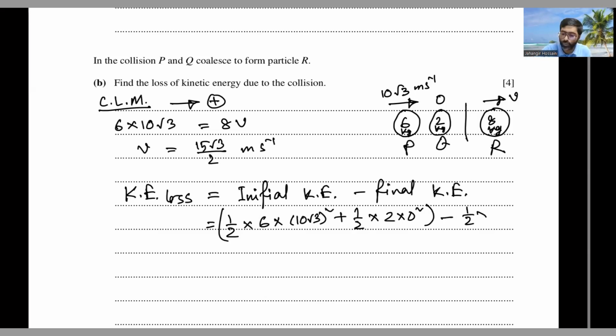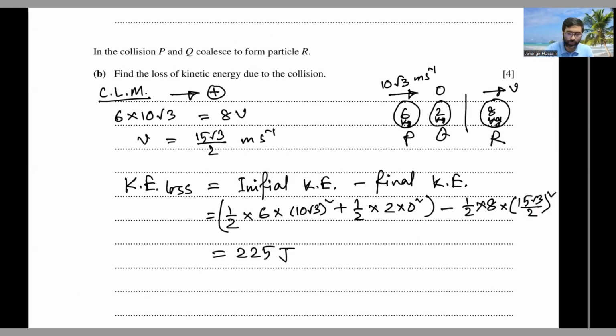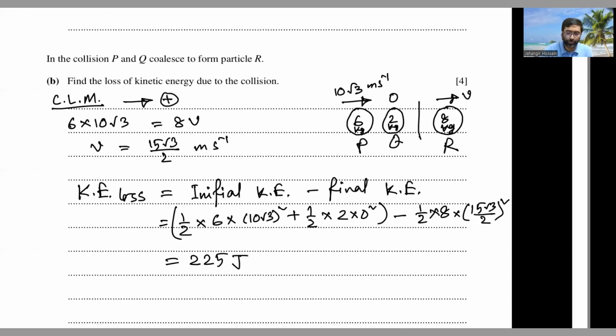Finally, they combine to form a single particle, so the kinetic energy is half into 8 into V squared, where V is 15 root 3 by 2. So that will give you the loss in kinetic energy, which is 225 joules. That's the loss of kinetic energy due to the collision.